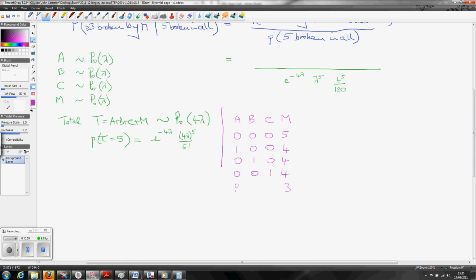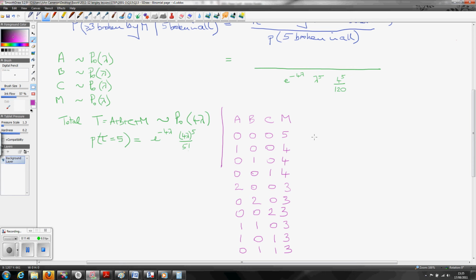So perhaps it was A who broke the other 2, or perhaps it was B, or perhaps it was C. Or perhaps the mathematician broke 3, but 1 each among perhaps A and B, or perhaps A and C, and B didn't break any, or perhaps B and C. And those 10 possibilities are all the possibilities there are for distributing the breakage of the plates among the 4 of them, given that the mathematician has to break at least 3.